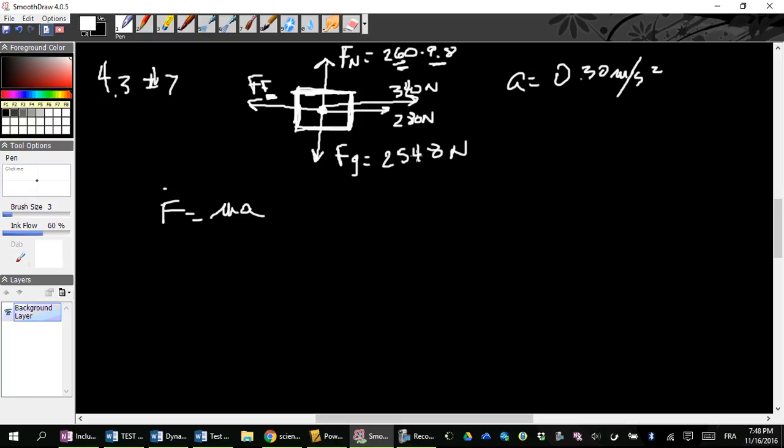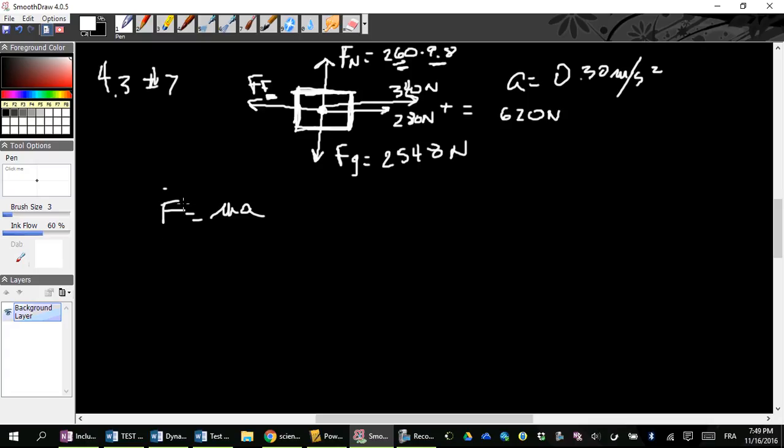So that's what I mean. If you add these two together, 340 and 280, what is that? That's 620 newtons.